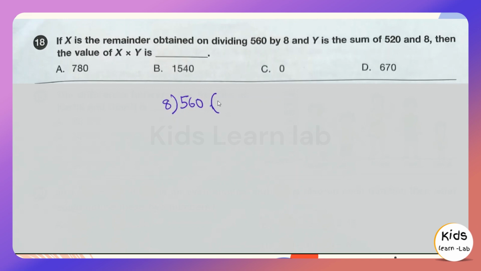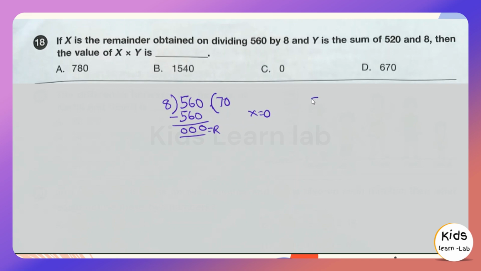So 7 8s are 56. 8 7s are 56. 8 zeros are 0. Subtract these two numbers. 0 minus 0 is 0, 6 minus 6 is 0, 5 minus 5 is 0. So we got the remainder as 0. So x equal to 0.